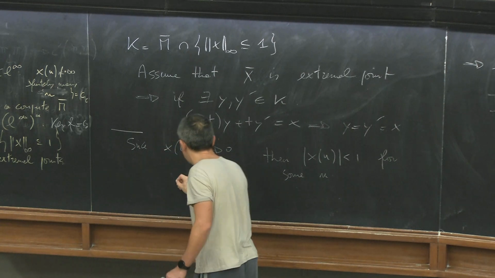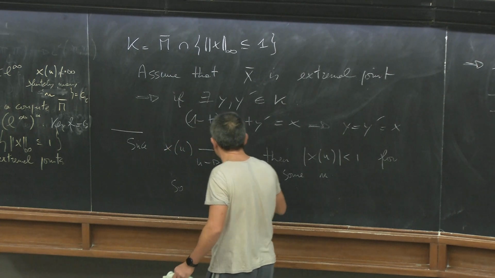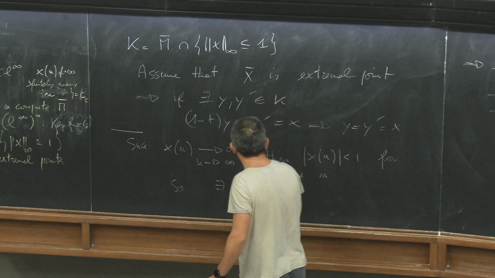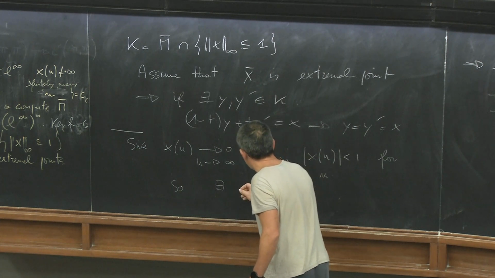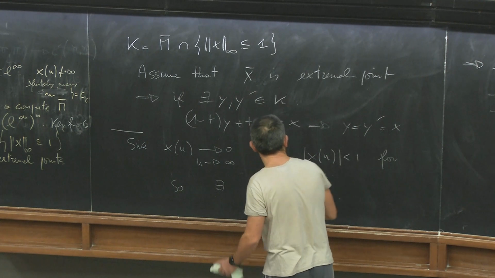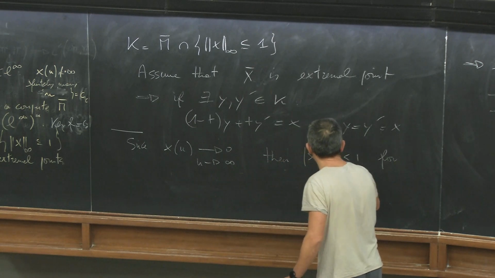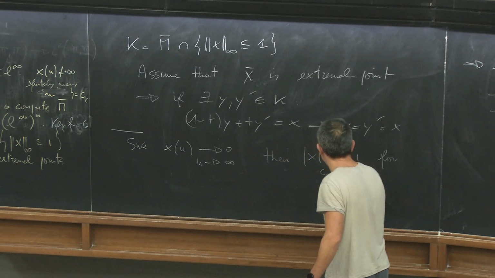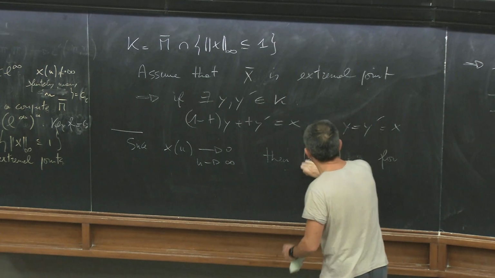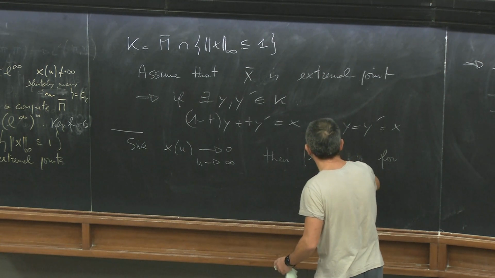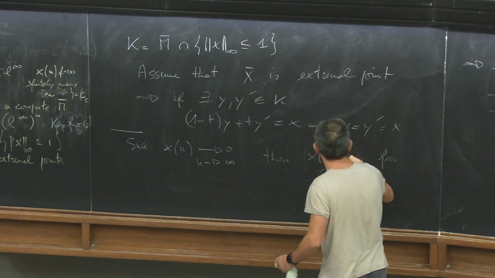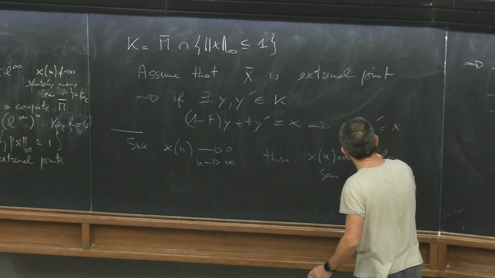So there exist two vectors. Let's say xn is less than 1 for some n, and say this is equal to alpha, and this belongs to the open set.